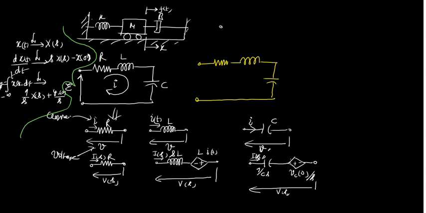So E becomes Es, R becomes R, L becomes SL, and the capacitor becomes 1 by SC. Because we are assuming relaxed, the initial condition portions are 0. And the circuit current will simply be Is. So this is the equivalent representation of the system.